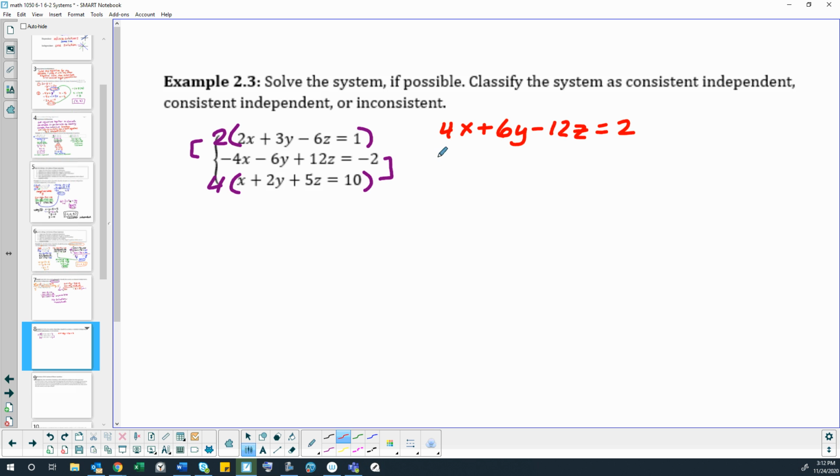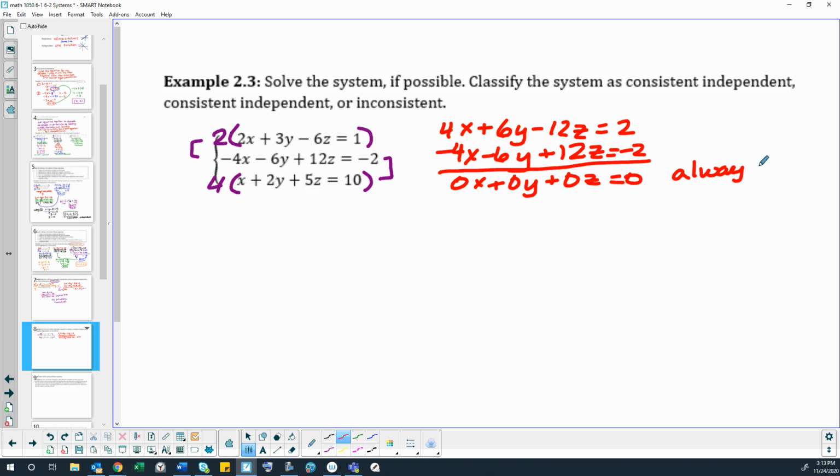Alrighty, then we have the negative 4x minus 6y plus 12z equals negative 2. Let's add those together. So we get 0x plus 0y, oh my, plus 0z equals 0. This is always true because multiplying by zeros and adding them together is always going to be 0.